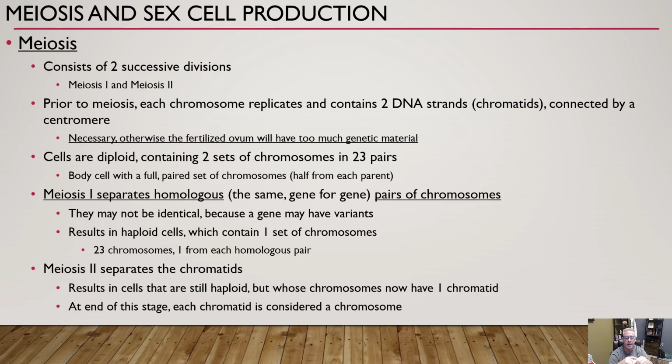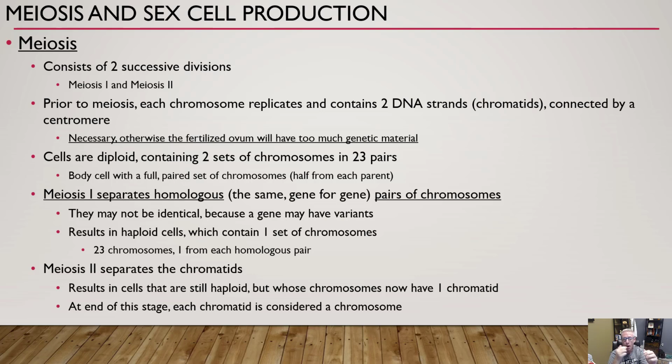So when we have the egg and the sperm that unite, each egg and each sperm would be a haploid, and when they come together, they make a resulting diploid cell, so that you have half your genetic material from one parent, half from the other parent. If you have one set of 23 chromosomes and another set of 23 chromosomes, when they come together, now you're going to have two sets of chromosomes.